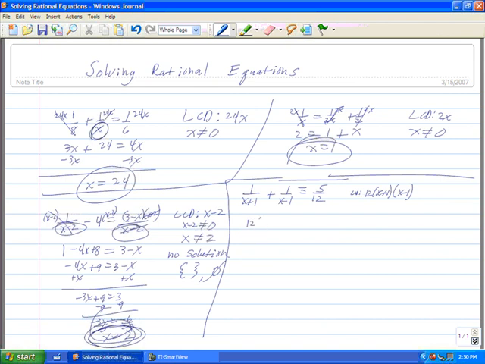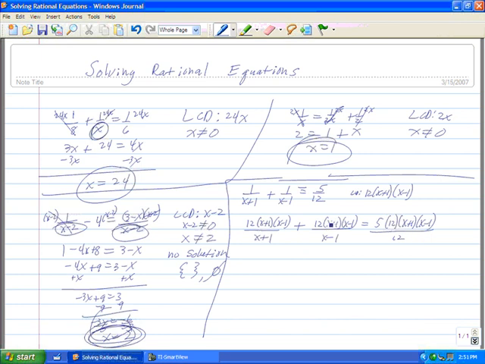I'm going to have a 12 times an x plus 1 times an x minus 1 over an x plus 1 in the first fraction, plus a 12 times x plus 1 times x minus 1 over x minus 1 in the second fraction, equaling 5 times the 12 times the x plus 1 times the x minus 1 over the 12 in the last fraction.